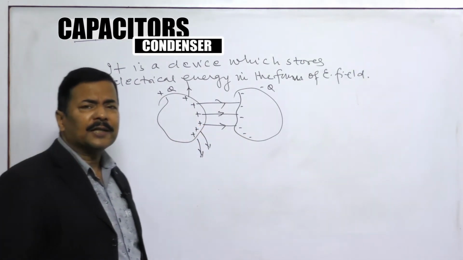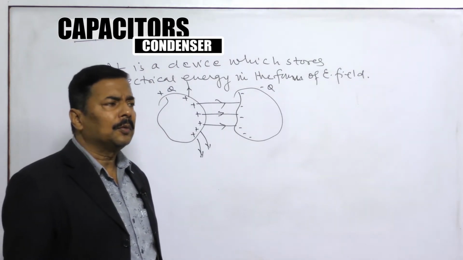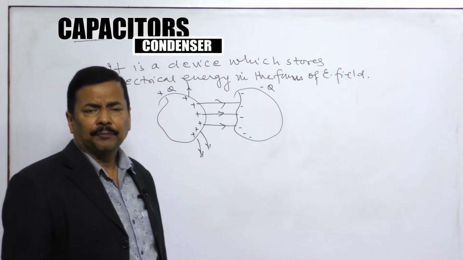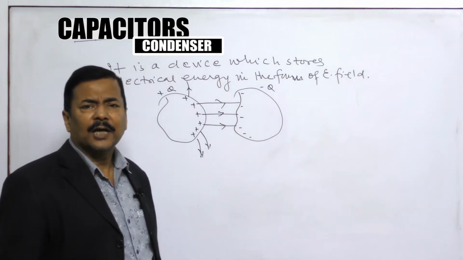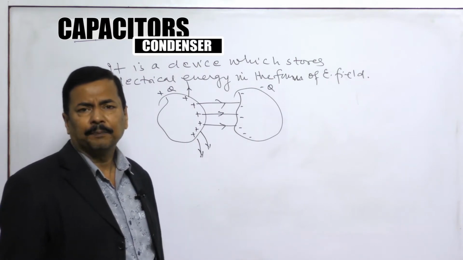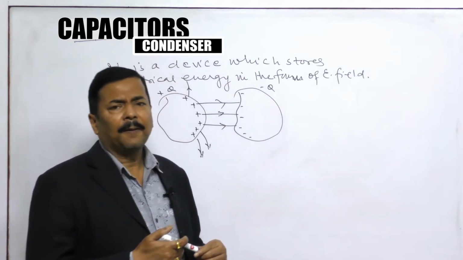It is not essential that you have to give charge to the capacitor. Even if you are not giving charge to the capacitor, the arrangement of two conductors still behaves as a capacitor. Why? A capacitor is basically like a bucket.